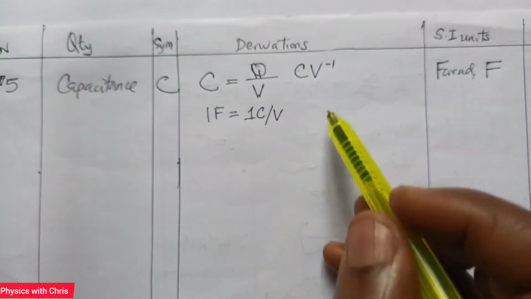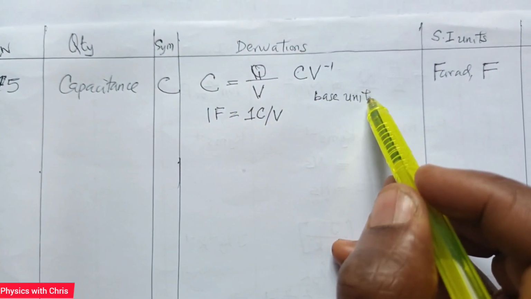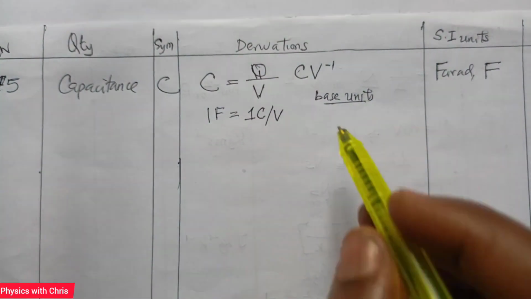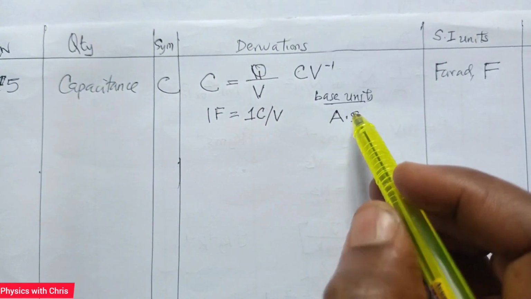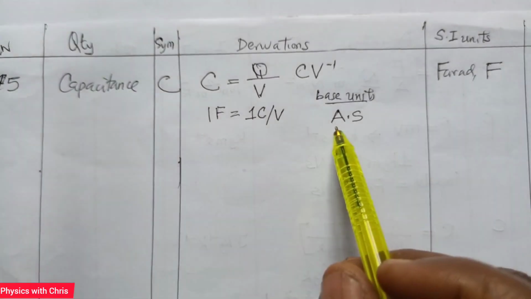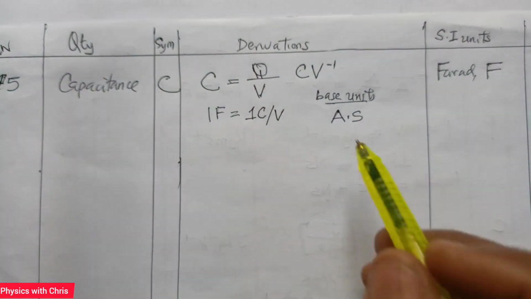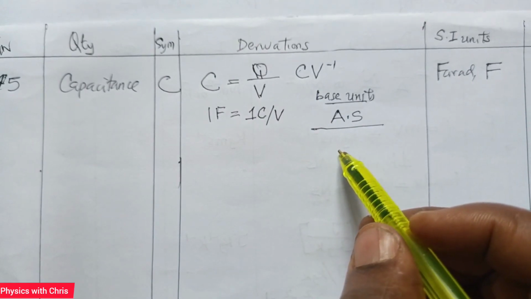Okay, but how about in SI base units? Can we give the units of capacitance in terms of the base units? Charge is given as ampere second. That is, electric charge is the product of current and time. That is ampere second divided by volt. Now, potential difference.